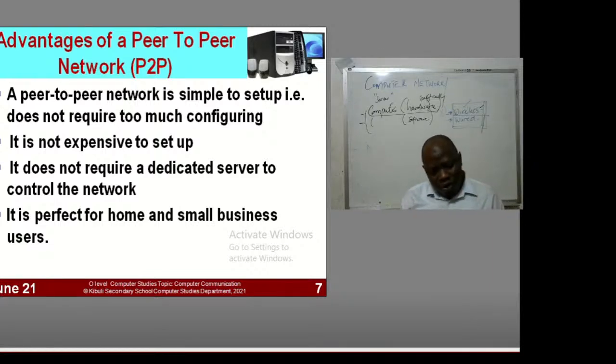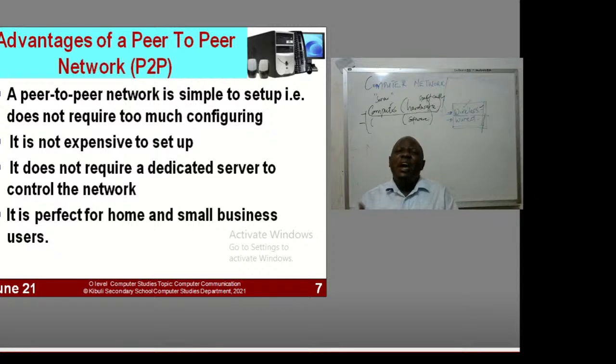It is perfect for home and small business users. Because if I'm using my phone, I may not have CDs in order to bring music at home. I have a good phone, which I can download as many songs as I want, or I don't even need to download, I just need to play.